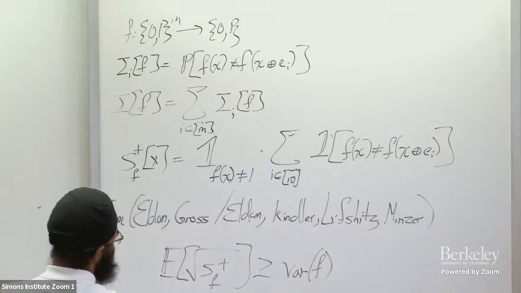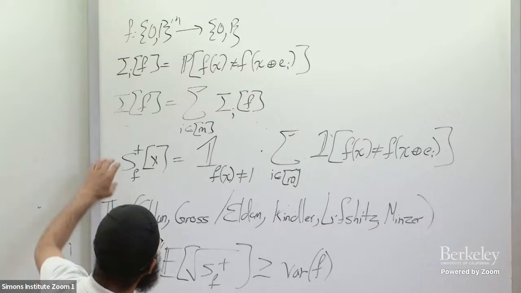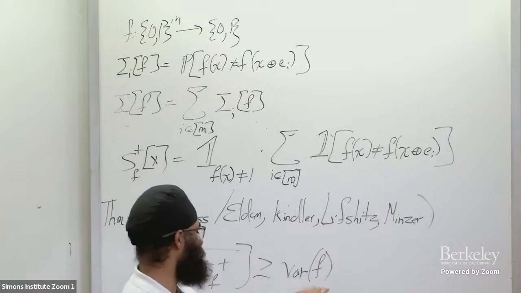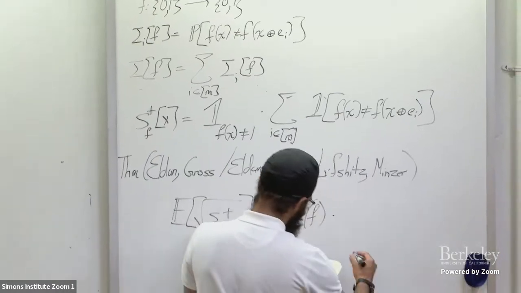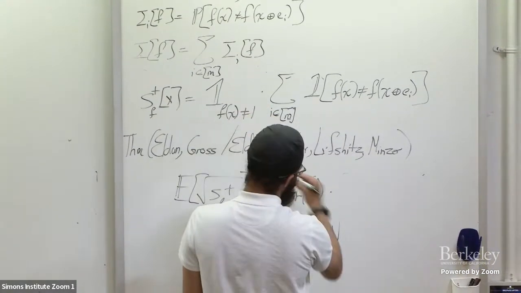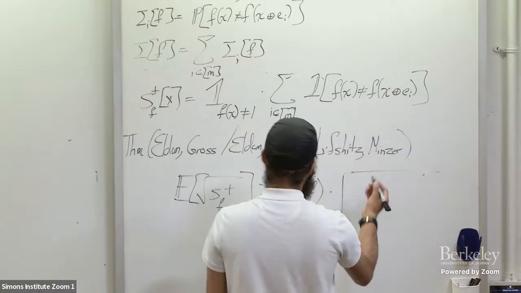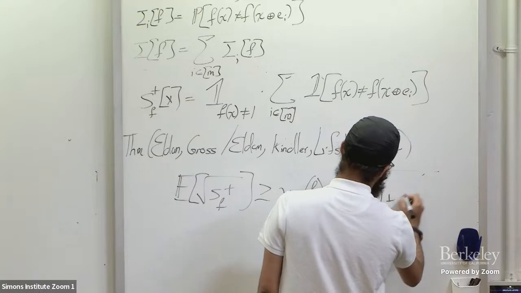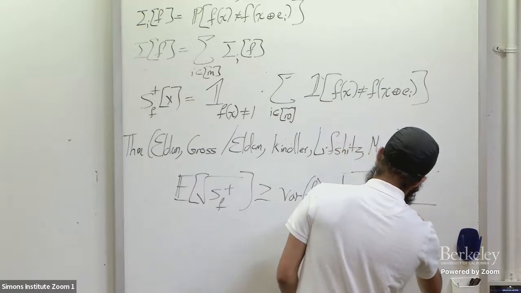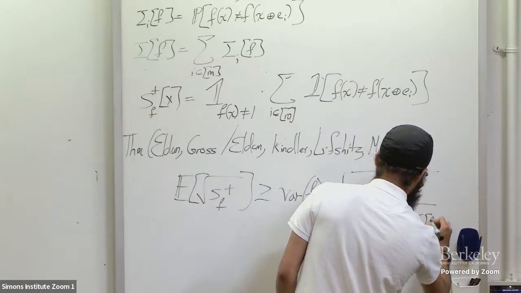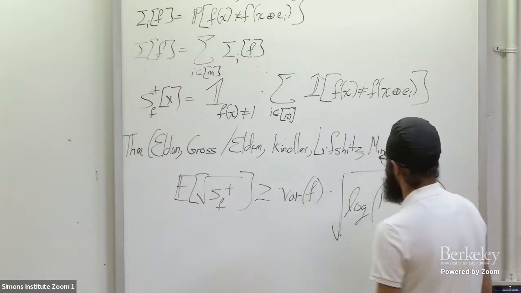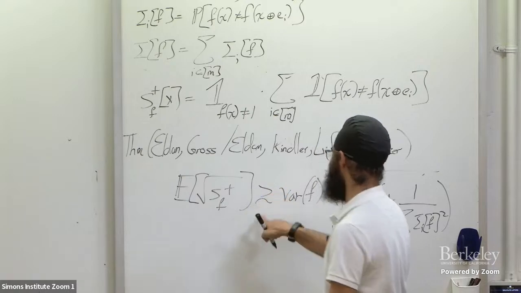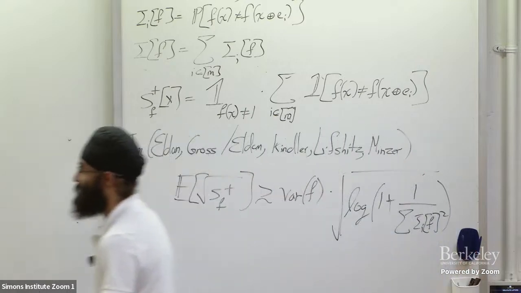This is a natural quantity because it tells you the number of coordinates you can change, but you pick up some factor based on the sum of the squares of the influences, square root of log of 1 plus 1 over the sum of these squares. There's a constant hiding here. An absolute constant.